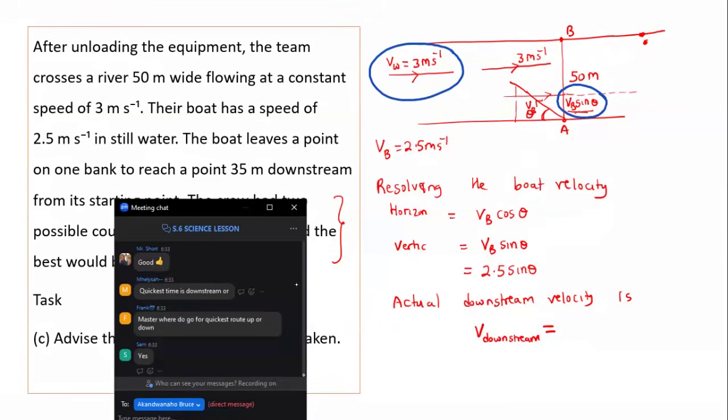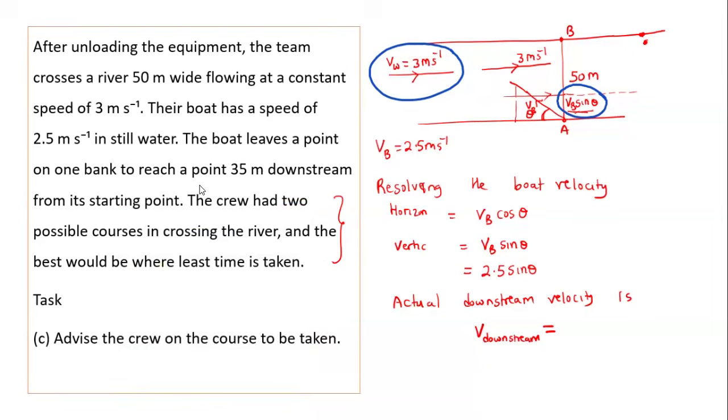Can you try in the chat? What is going to be now the total? Now we are going to combine the one for the boat and the one for the water. So what are we going to have? Let me see whether I can pick a hand from Cliff and then Chomi.